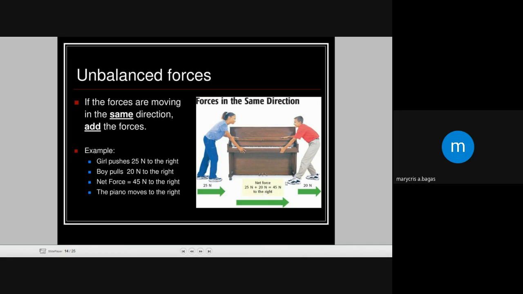So if the forces are moving in the same direction, add the forces. Example: the girl pushes 25 newtons to the right, the boy pulls 20 newtons to the right, so the net force is 45 newtons to the right. The piano will move to the right.